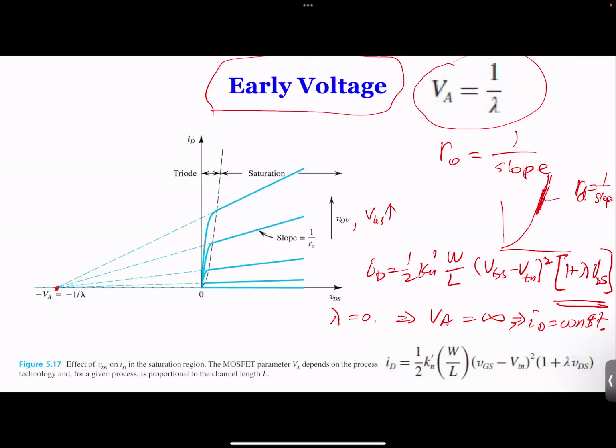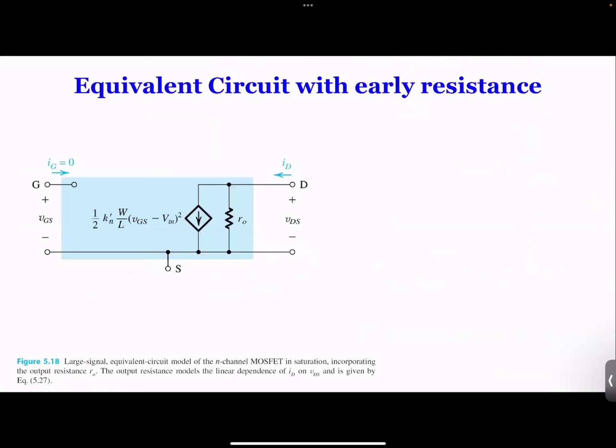But if lambda is not 0, or VA is a fixed value, then ID is no longer constant in the saturation region. And this is very important, because once you have that resistance, we change the equivalent circuit by adding a resistance.